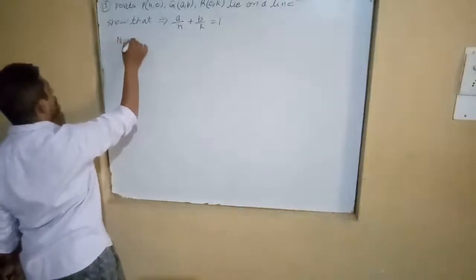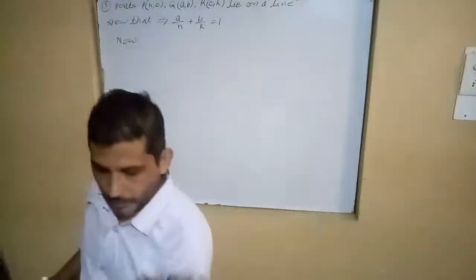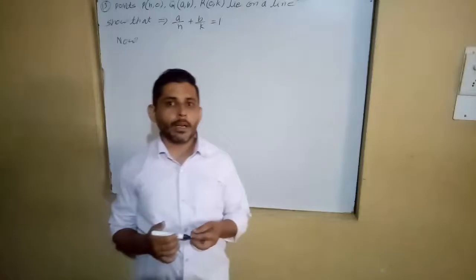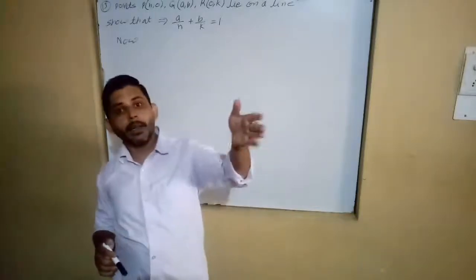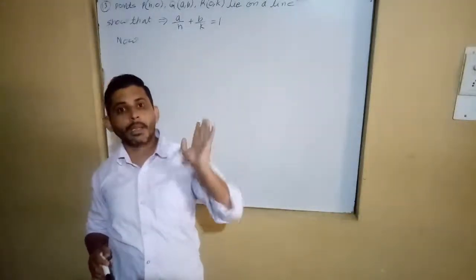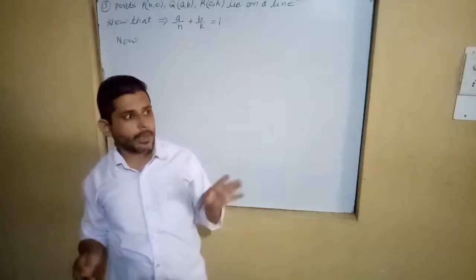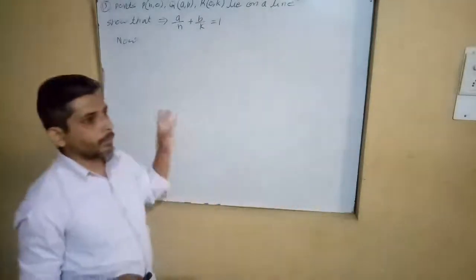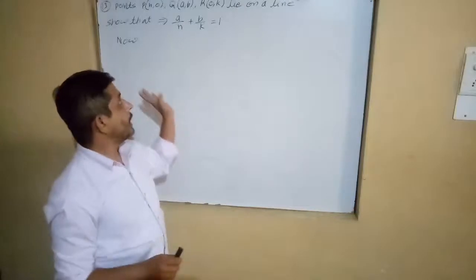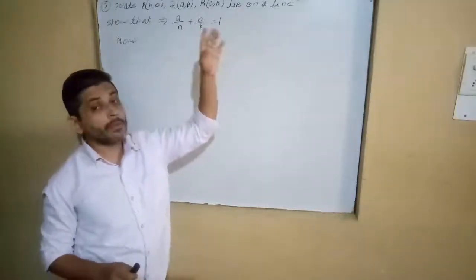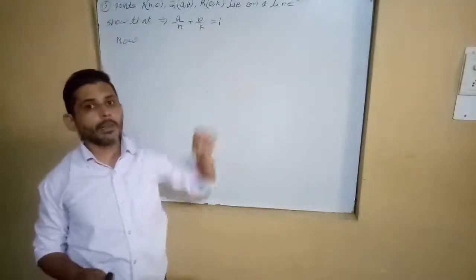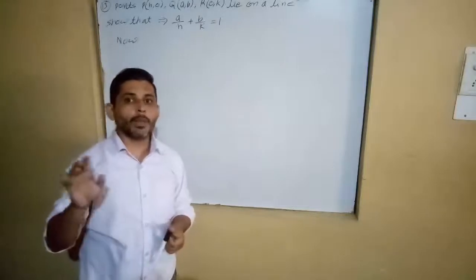Now, if two or more than two points lie on a straight line, it means they are not making any triangle. So we can use that property. If points are on a straight line, their area of triangle will be 0.